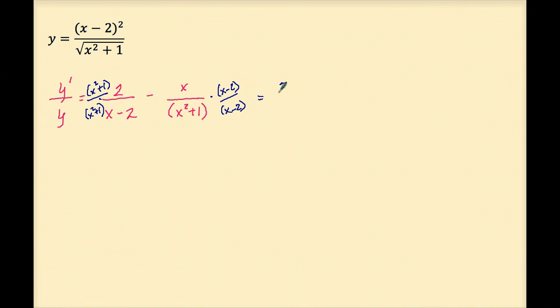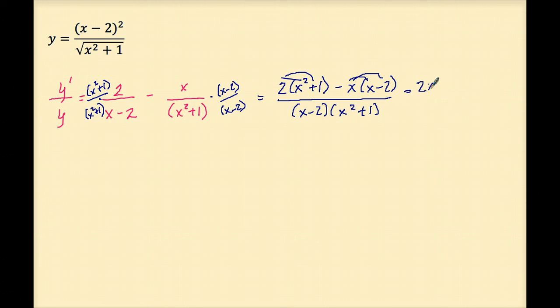Resulting in 2 times x squared plus 1 minus x times x minus 2 all over x minus 2 times x squared plus 1. When I distribute and combine like terms, I'm going to end up with 2x squared plus 2 minus x squared plus 2x, which I'll just go to the next line and continue simplifying.